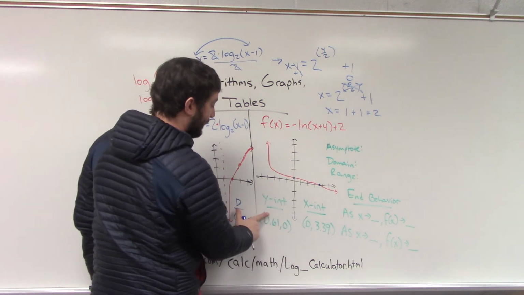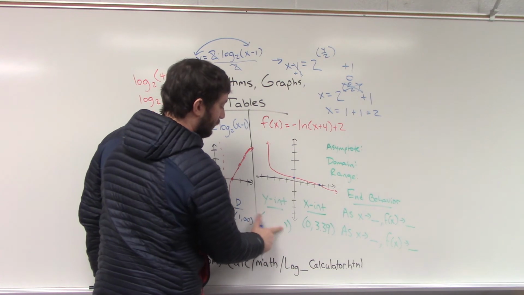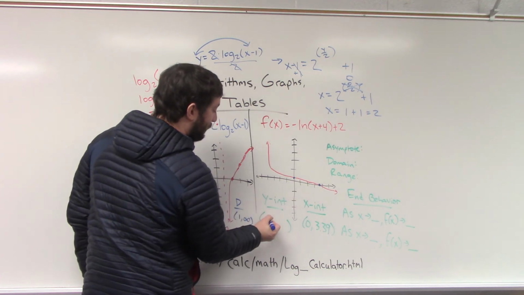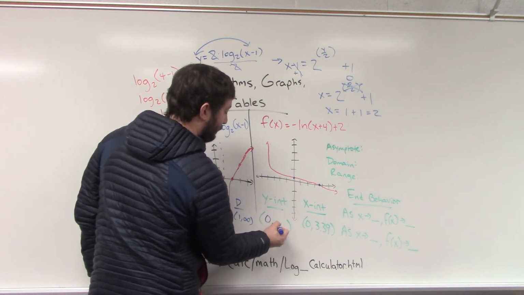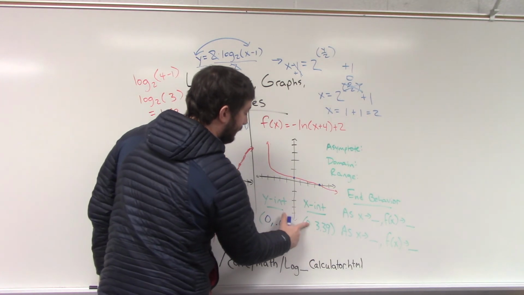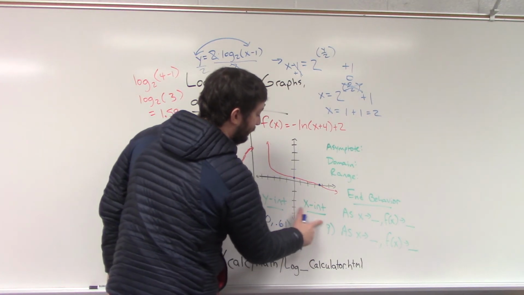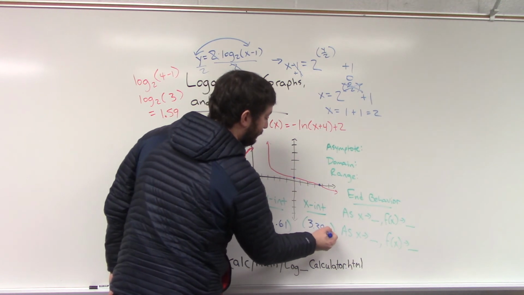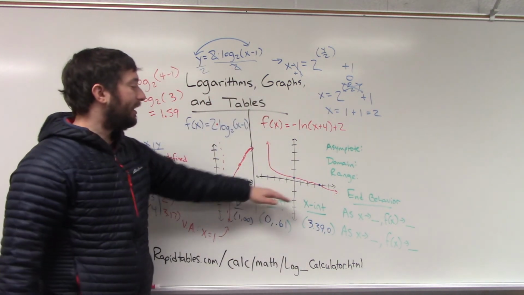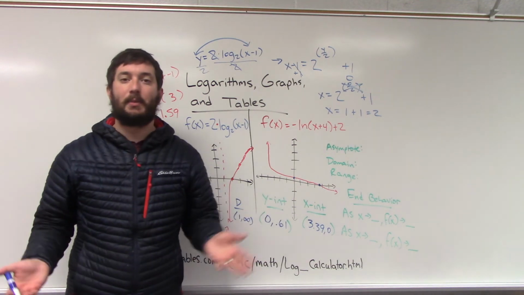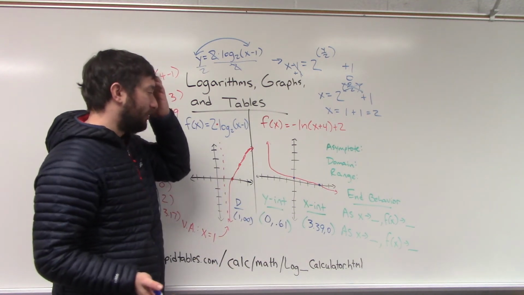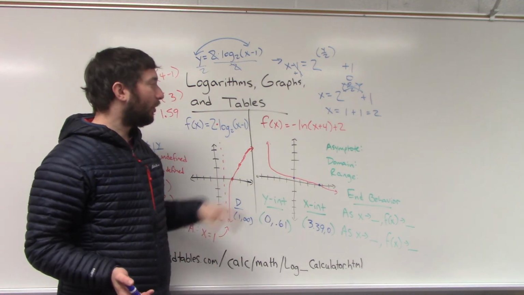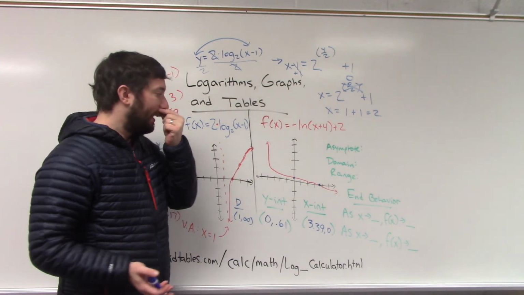Oh, these are switched actually. Whoops. Okay. x comma y, 0 comma 0.61, and then x comma y. Be careful. Always put those correctly. Okay. So the y and the x-intercept you can just find from graphing your problem. I'm not going to go into that too much. Or you can find it from your table of values.